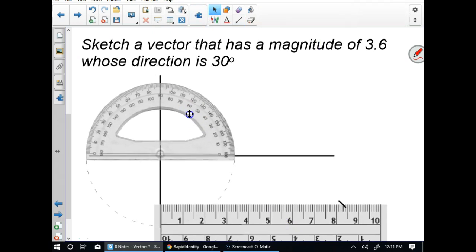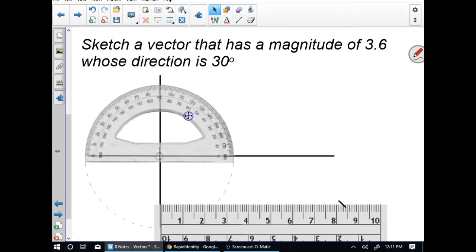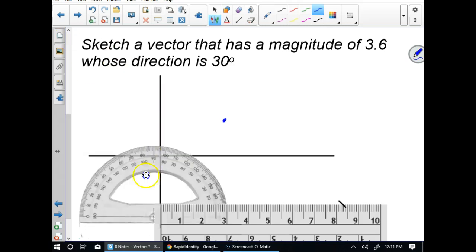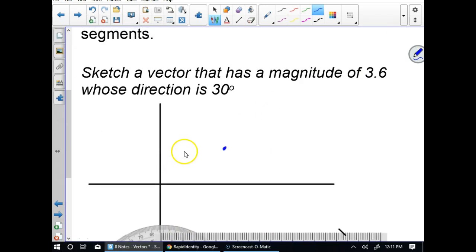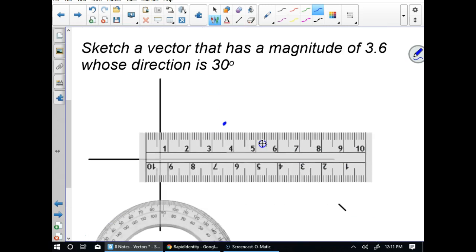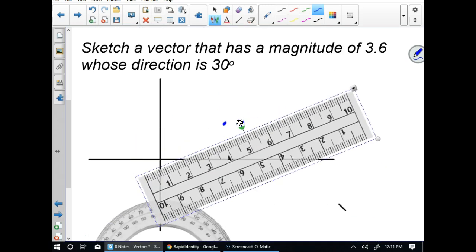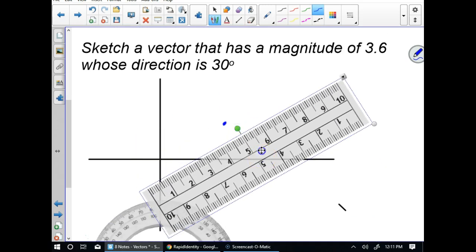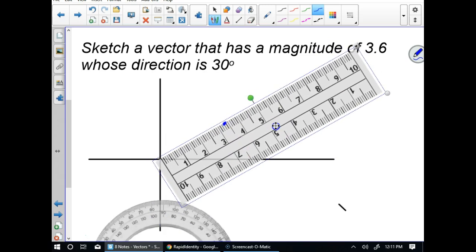If I line up my protractor here, 30 degrees is the angle right here. And then I need a magnitude of 3.6. You could use inches or feet, it really doesn't matter. I'm going to use centimeters here because it was easier to do 3.6 with that. So if I measure the length here, it's 3.6.